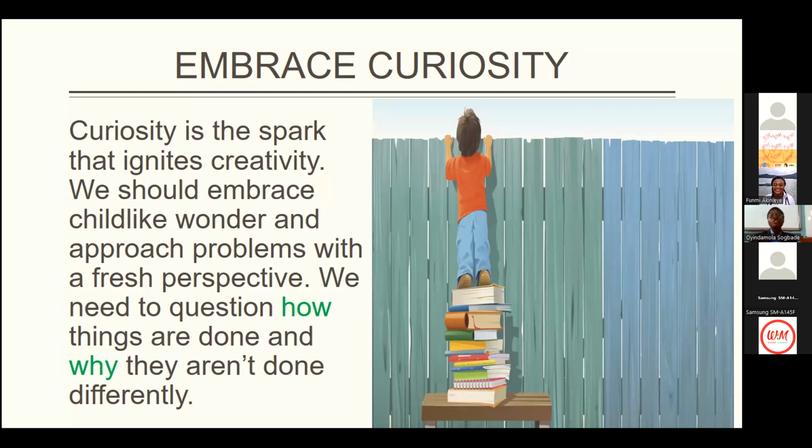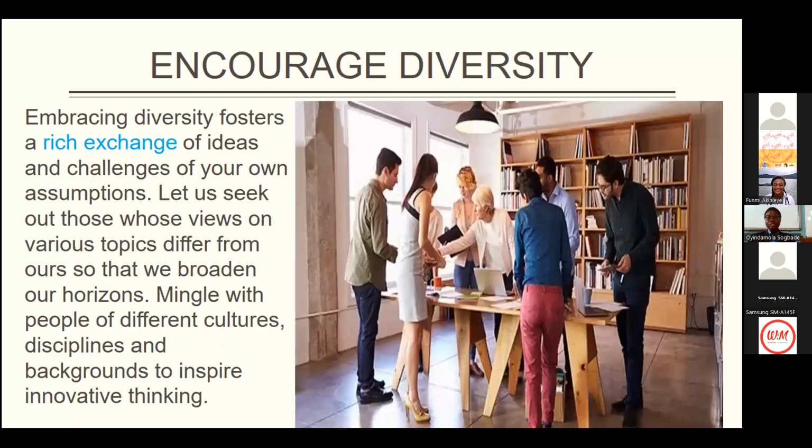Furthermore, we should encourage diversity. Embracing diversity fosters a rich exchange of ideas and challenges our own assumptions. Let us seek out those whose views on various topics differ from ours so that we broaden our horizons. Mingle with people of different cultures, disciplines, and backgrounds to inspire innovative thinking.